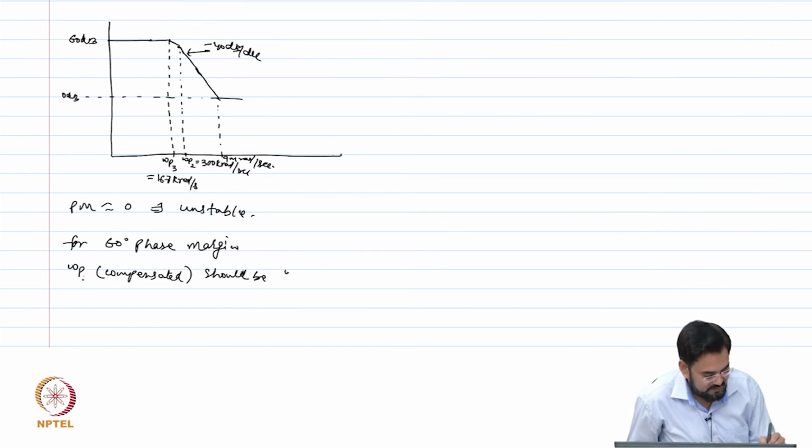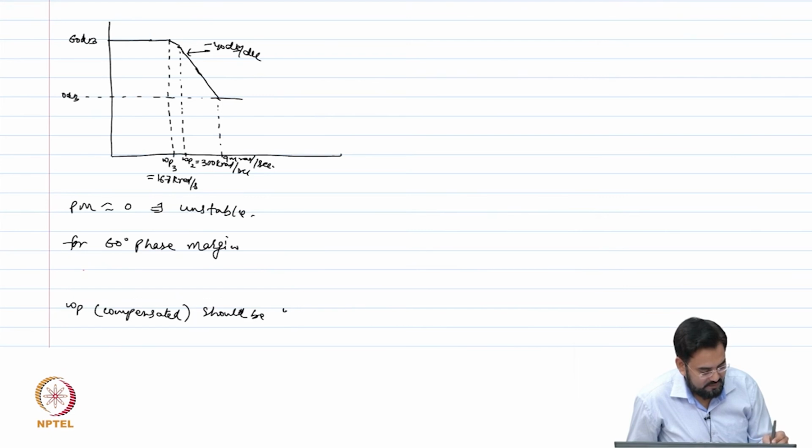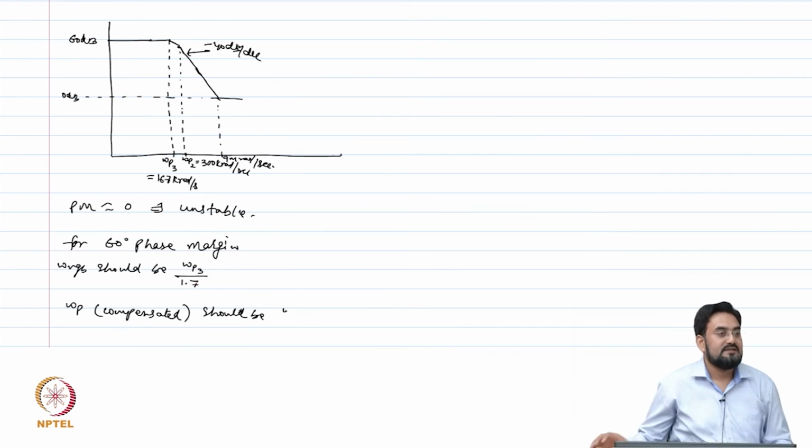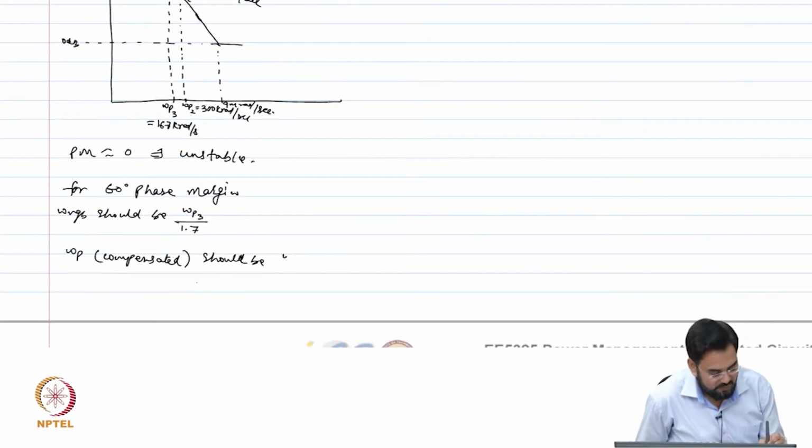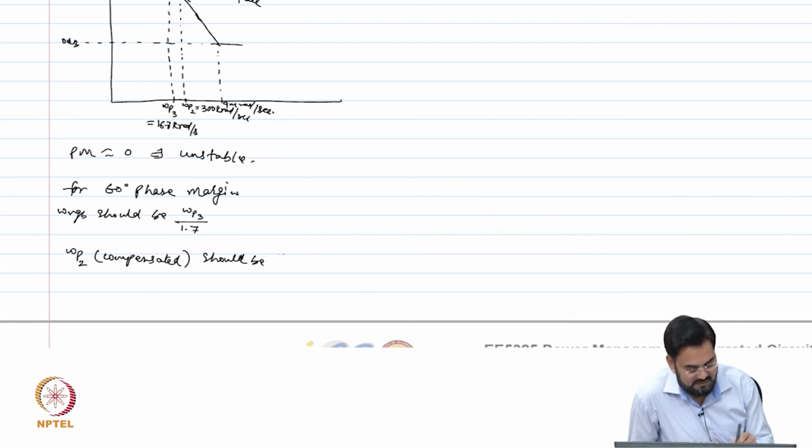Let me first call omega UGB, and omega P2 compensated should be what frequency?